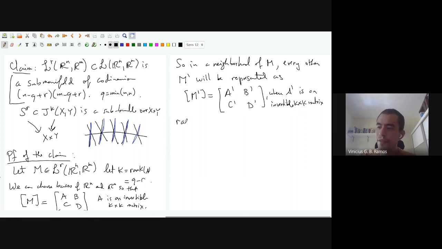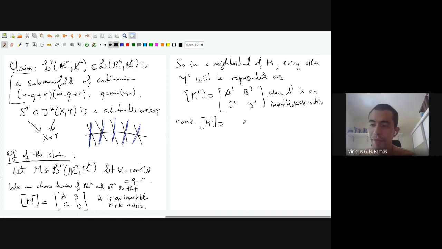So if I want to compute the rank of M prime, the rank doesn't change if I multiply the matrix by an invertible matrix. So that's what I'm going to do.